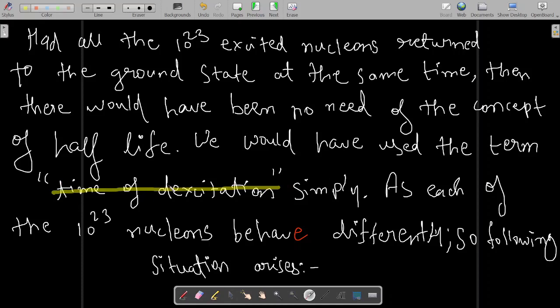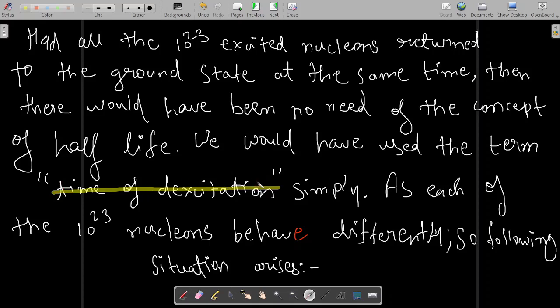we cannot use. The time of de-excitation concept would have been useful if all the 10 to the power 23 nucleons in 10 to the power 23 nuclei would have behaved the same way, if all of them would have returned to the ground state at the same time sharply, without difference in time.